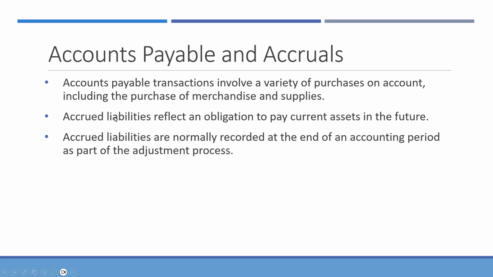Usually accrued liabilities include something like payroll or accrued legal expenses or accrued tax expenses, and they're recorded as part of adjusting entries, as opposed to the purchase of inventory, which was recorded as we receive invoices for that inventory or receive shipment of the inventory.